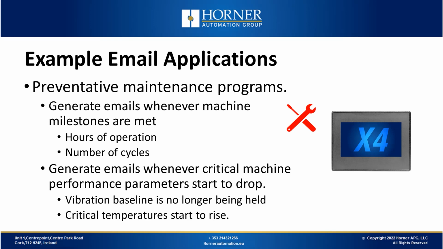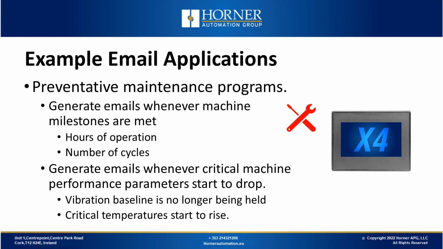You can also use email for preventative maintenance programs. For example, if you want to generate an email whenever a machine hits a certain milestone, such as a certain number of hours of operation or a certain number of machine cycles, when those conditions occur, you can send an email to notify you that the machine has been running for 1000 hours, for example, or for a certain number of cycles, and that it's time to do some preventative maintenance on the machine.